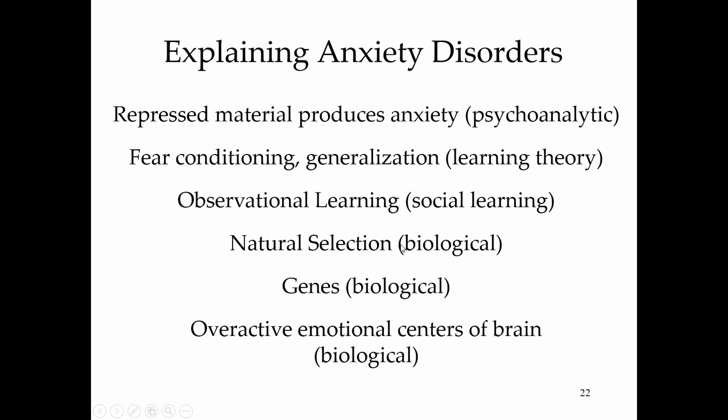We might be predisposed to have some fears and anxieties, and now certain other things have aggravated those. There may be some specific genes that some people carry that predispose them to anxiety disorders as well. And maybe in some cases this can be traced to overactive emotional centers of the brain. So we have a number of potential explanations available.